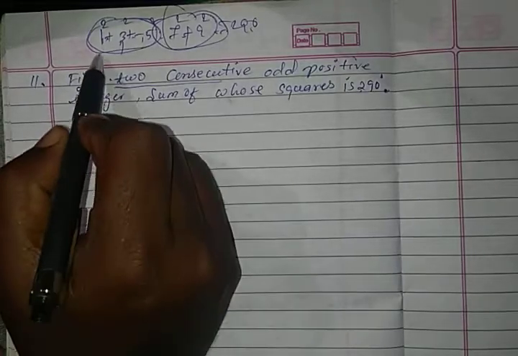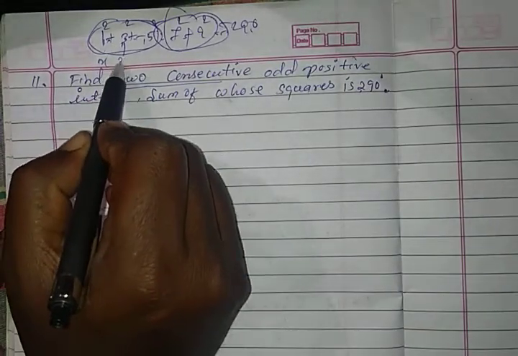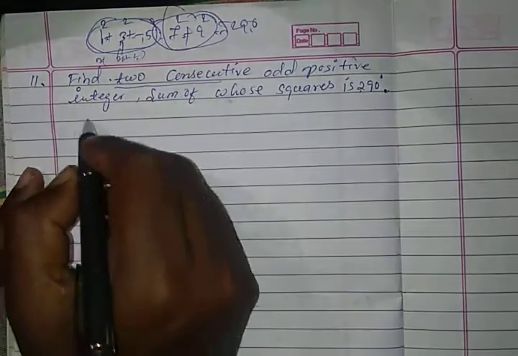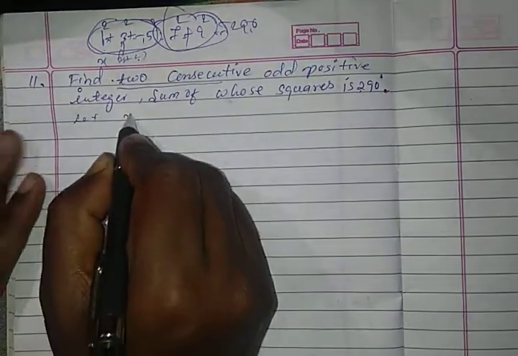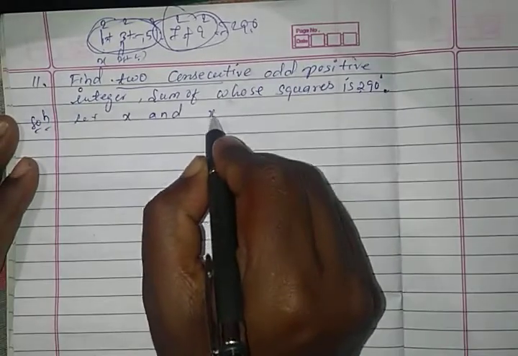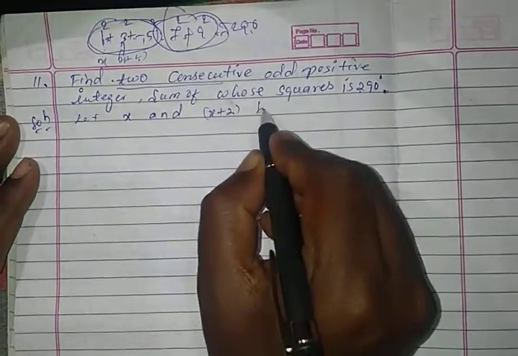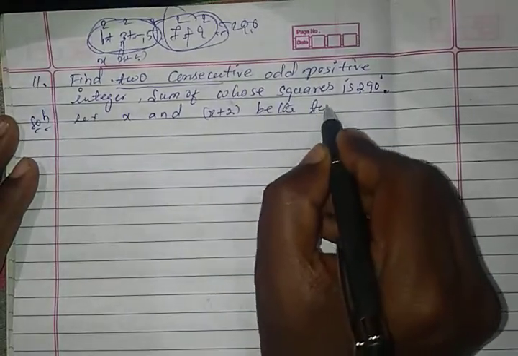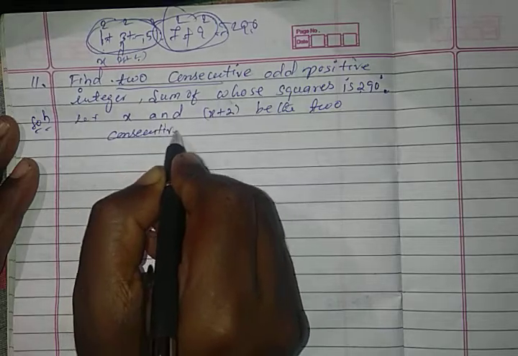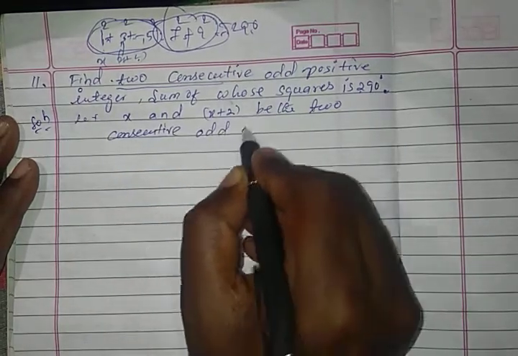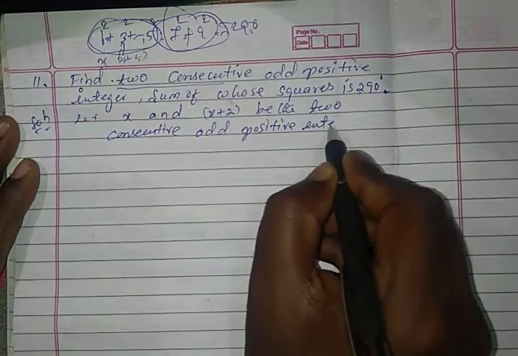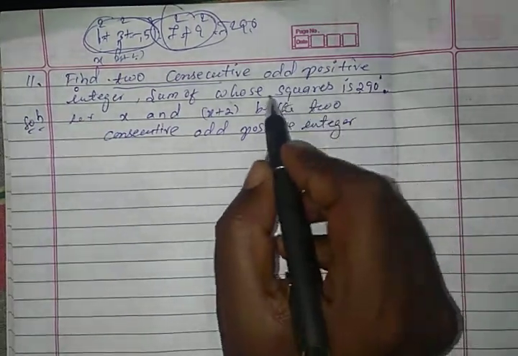The first number is x, and the next is x plus 2. Let x and x plus 2 be the two consecutive odd positive integers.